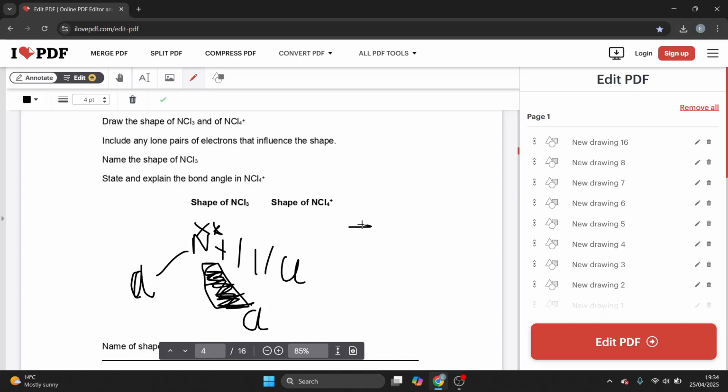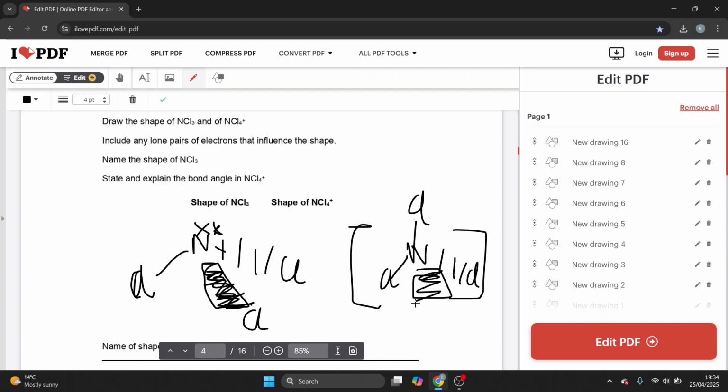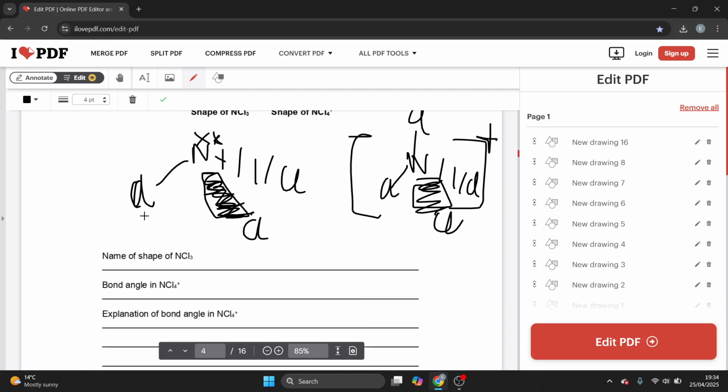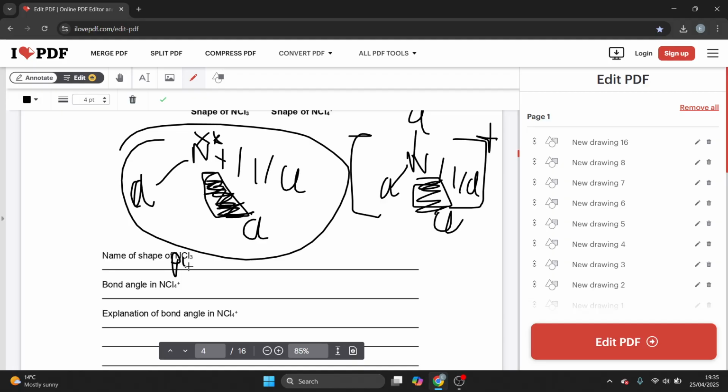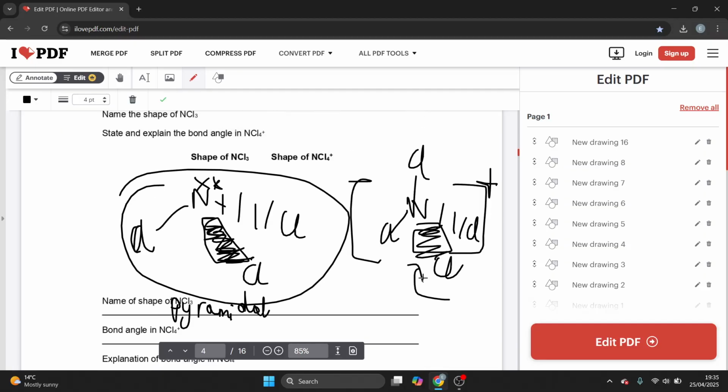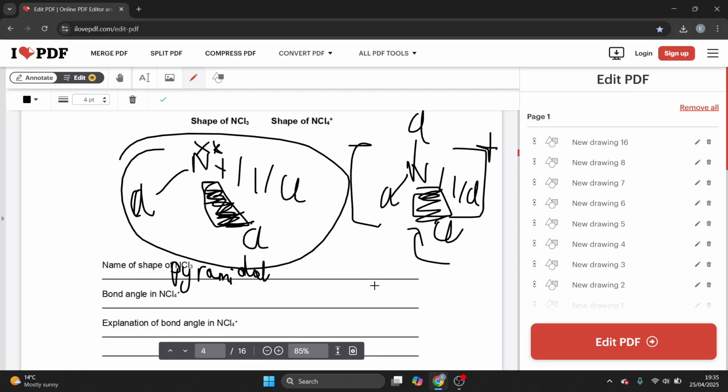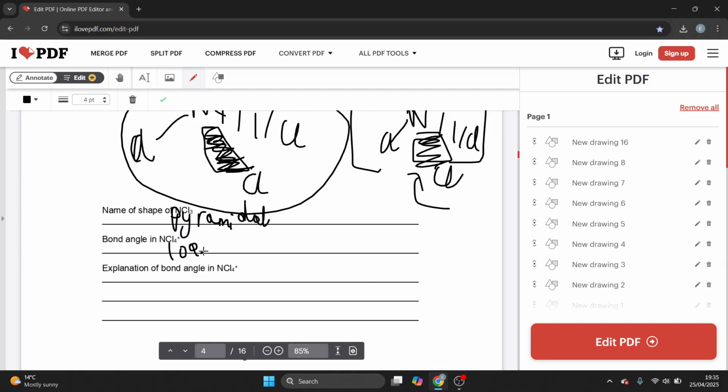But in this case, NCl4+, square brackets, nitrogen, it's going to be like this instead. Cl, positively charged. The name of NCl3 is pyramidal. The bond angle in NCl4+ is going to be 109.5 degrees.